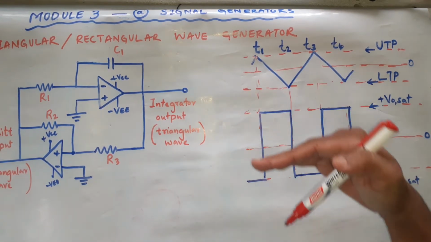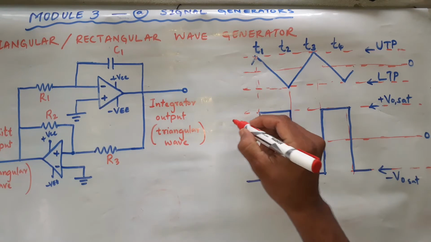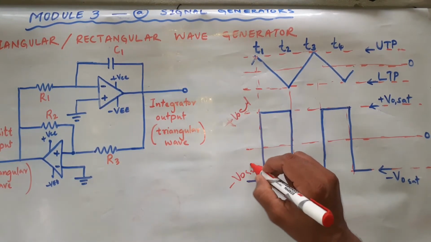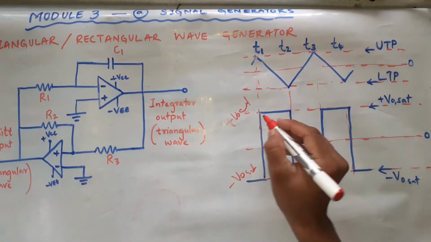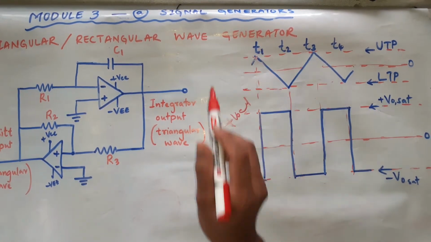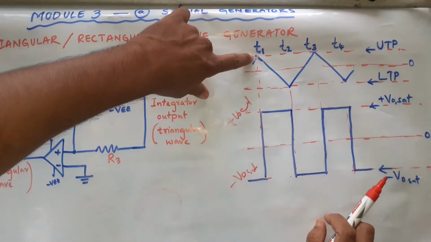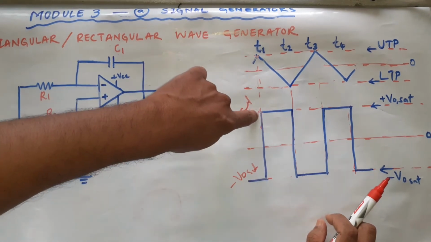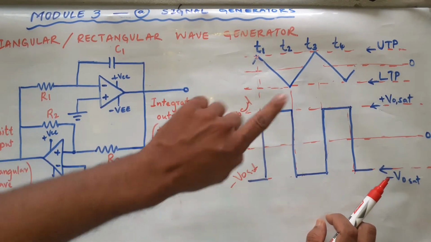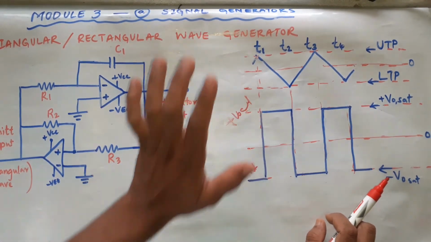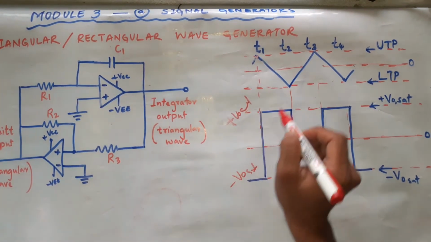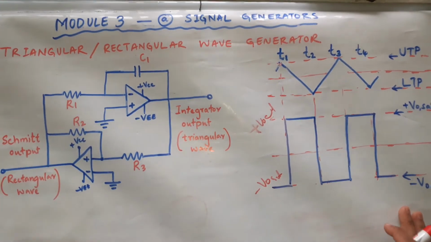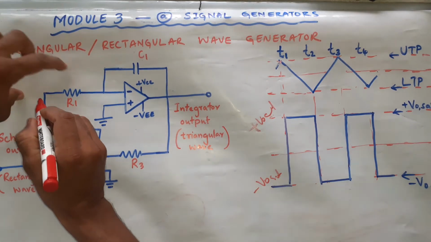This is plus V0 SAT and here it is minus V0 SAT. So at T1, the output of the integrator is at UTP and the output of the Schmitt trigger is at plus V0 SAT, a very important point. Is this clear? Because of this, there is a current I1. I have not mentioned the current in the circuit, so let me call this current I1.